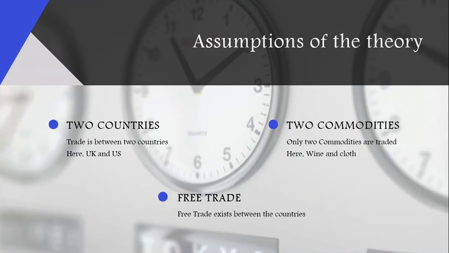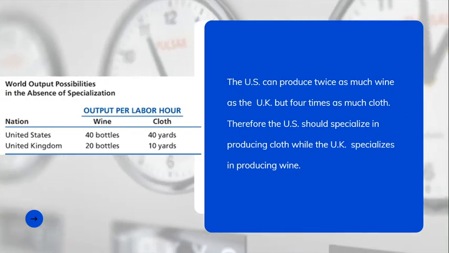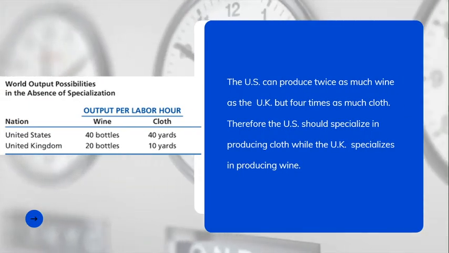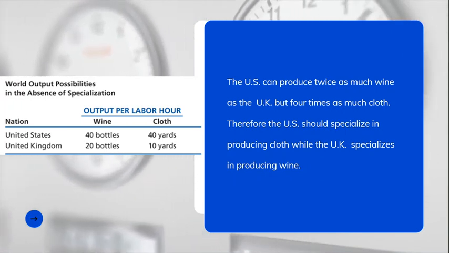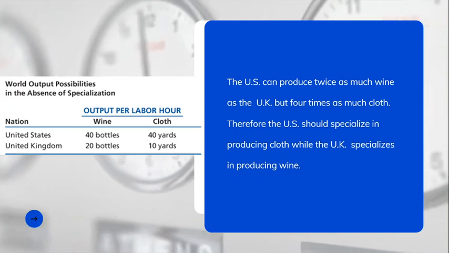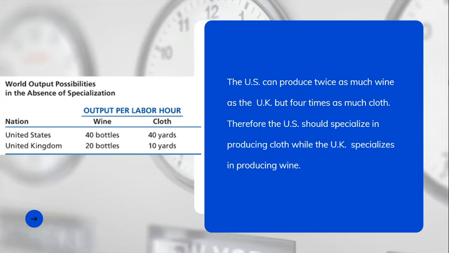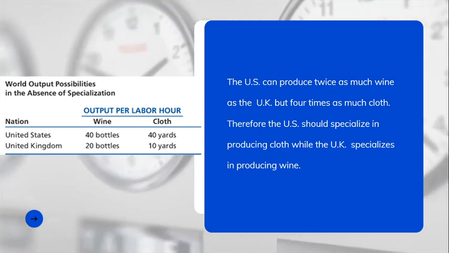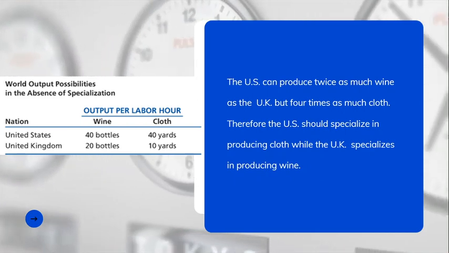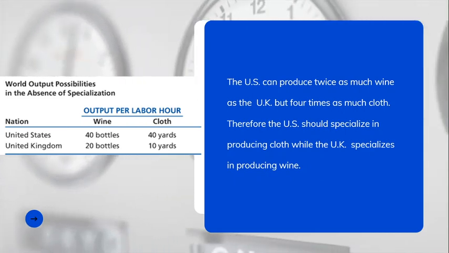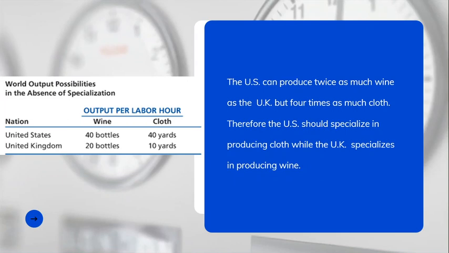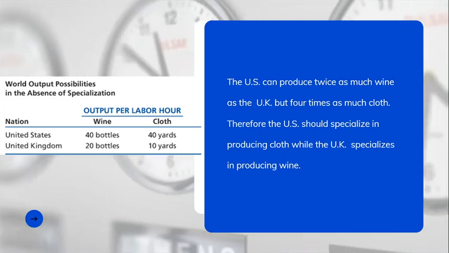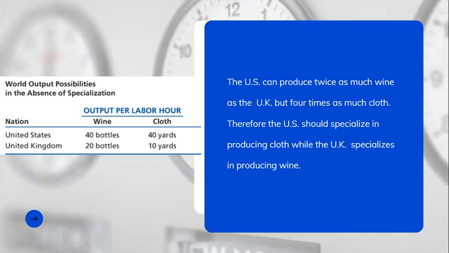In this illustration, labor in the United States will make 40 bottles of wine in 1 hour, while labor in the United Kingdom will make 20 bottles only. Here, the United States has an absolute advantage. Similarly, the United States will make 40 yards of cloth in 1 hour, while labor in the United Kingdom will make 10 yards only. Here again, the United States has an absolute advantage.